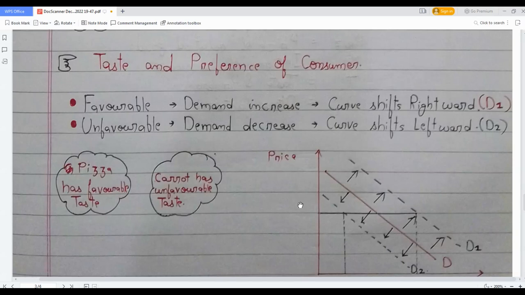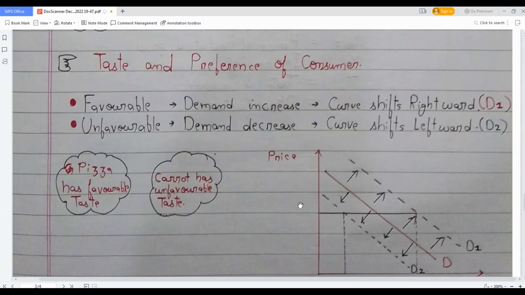In the favorable case, when the consumer's preference and taste are in favor of that good, the demand increases and the curve shifts rightward. Now don't think about what is a rightward shift or an upward shift. We will discuss it later.